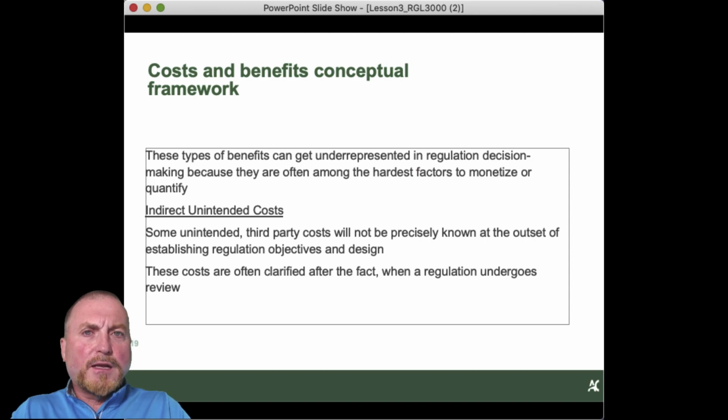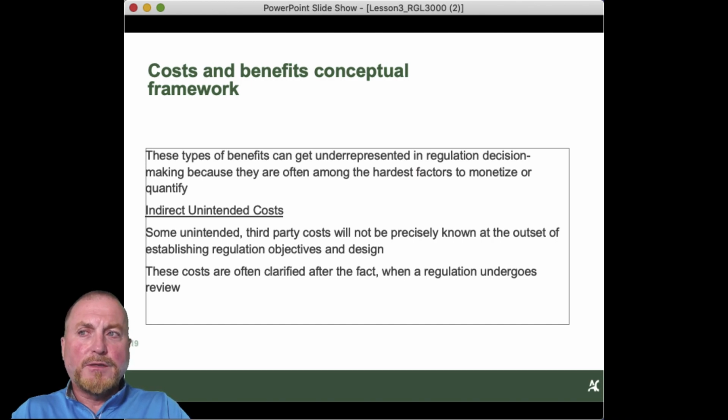These types of benefits can get underrepresented in regulation, particularly in the case of environmental regulation, because birds and water don't have price tags on them, right? It's very difficult to monetize those types of issues. And that's why in a lot of cases, the benefits of environmental regulation are undervalued in regulatory discussions.